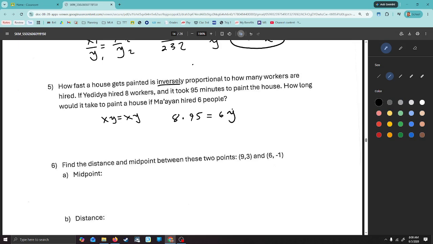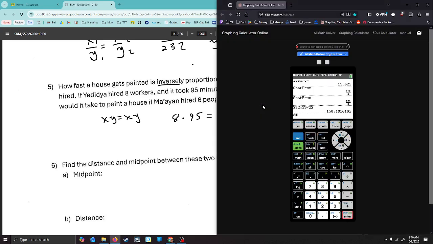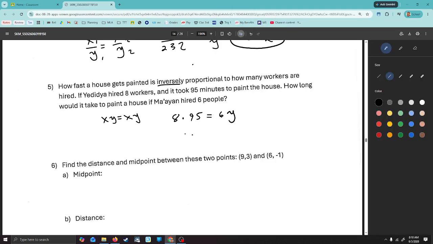I don't know how many minutes that's going to take. So again, I'm just going to use my calculator. 8 times 95. And then I'm going to divide it by the 6 workers. That'd be 126.6 or 126.7. So 126.7.